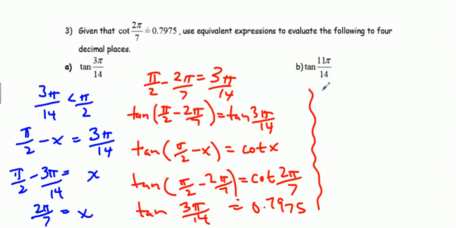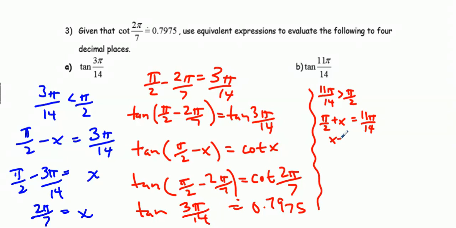So we've got 11 pi by 14. 11 pi by 14 is definitely greater than pi by 2. So we know that we're going to be looking for an identity with pi by 2 plus x. And that's going to equal 11 pi by 14.